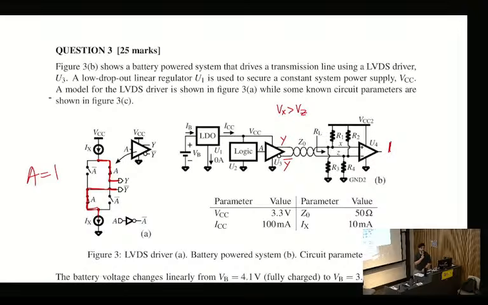Any other thoughts? I guess it's a good point to stop and think. So how do we choose RL? As a reminder, we were choosing RL so that it is equal to 50 ohms, and so we need to find out what RL is.